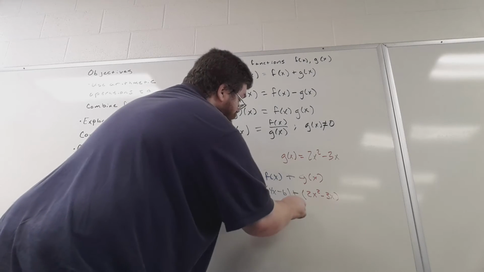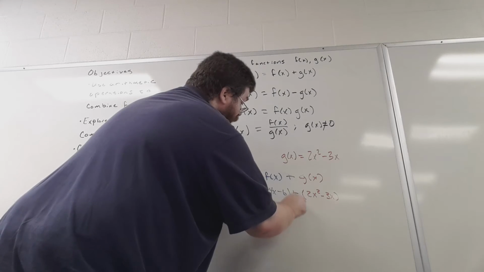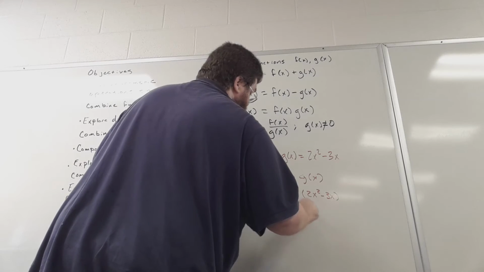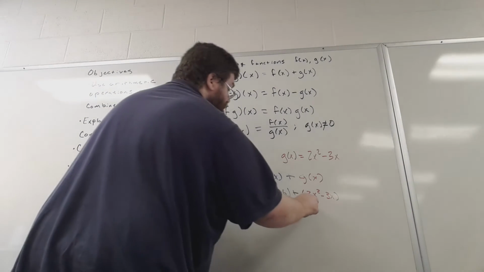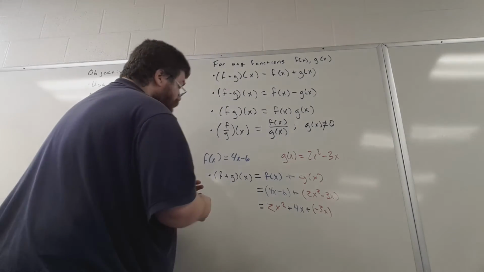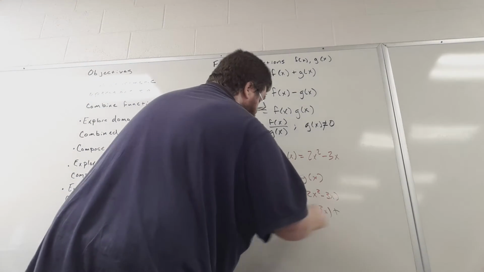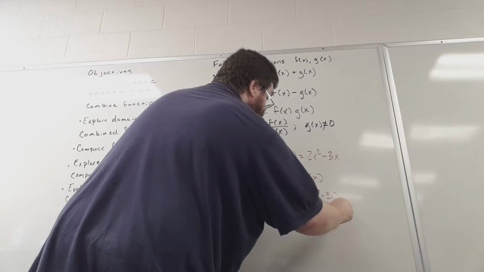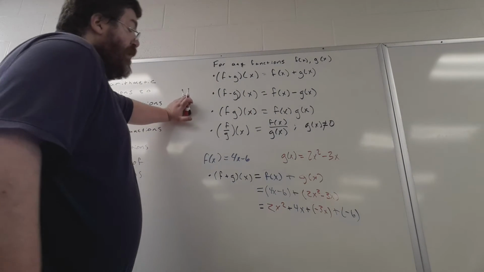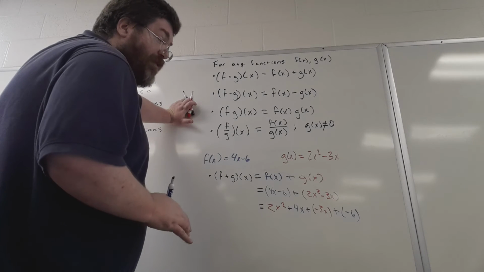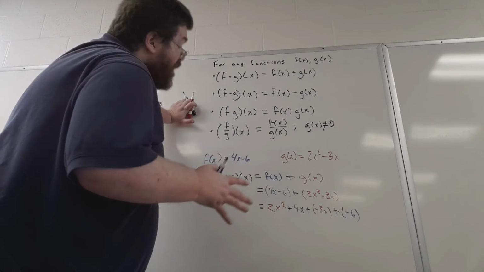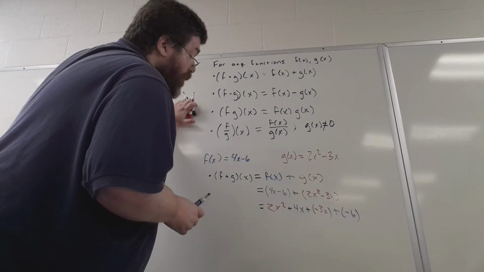But I've got 4x plus negative 3x. And I've only got the one constant, the negative 6. And we've talked about putting the negatives inside parentheses. That way we don't have to worry about getting lost in all the sign changes until we absolutely have to worry about them.